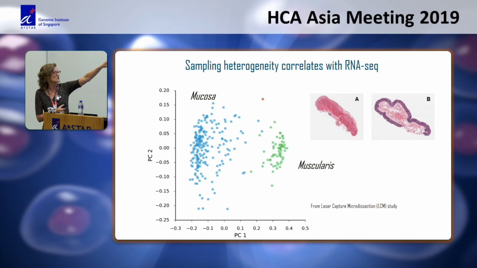One on the right has a good mucosal layer. The one on the left has lost that layer and it's largely muscularis. So we performed a laser capture dissection study where we took those 2 sections from the tissue, took the markers from those, fed it back into this study, and lo and behold, these 2 clusters correlate almost entirely with the sampling heterogeneity for those 2 samples.